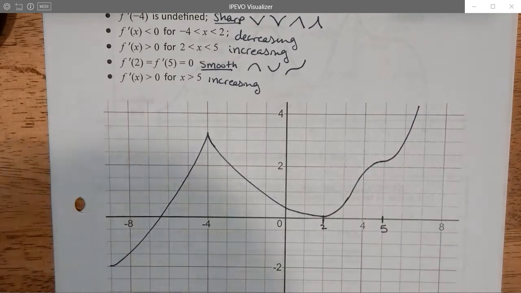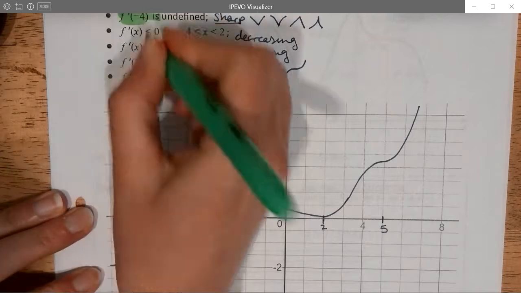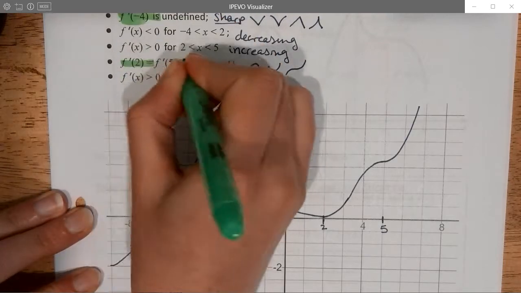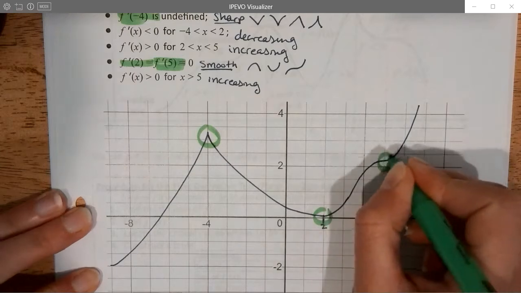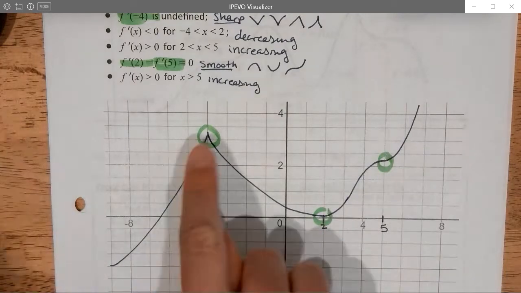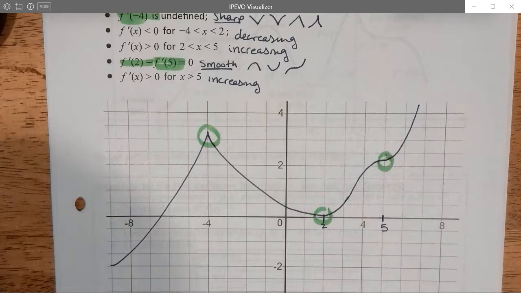So the 3 points of interest that I really need to pay attention to, again, are, I have a point of interest where I had a critical value. So I have a point of interest at these 3 places. And at these 3 places, I need to have the sharp, smooth behavior. And then beyond those 3 places, I also need to maintain my increasing and decreasing.